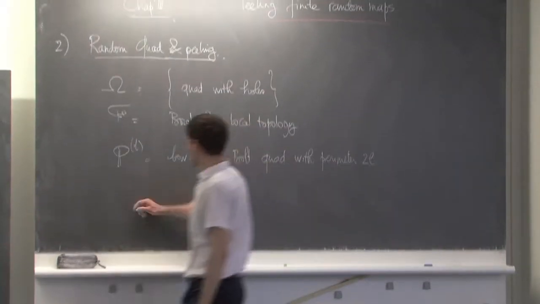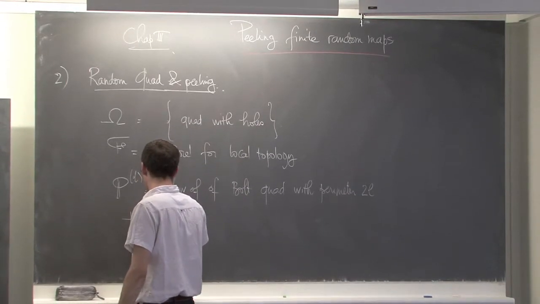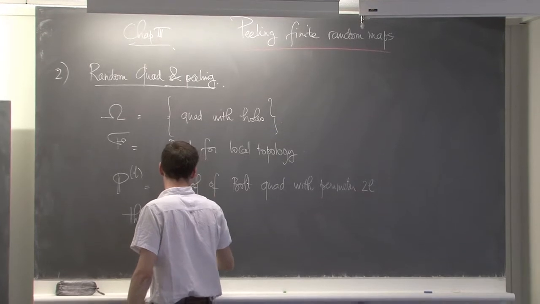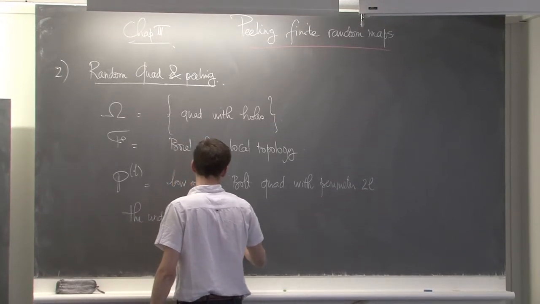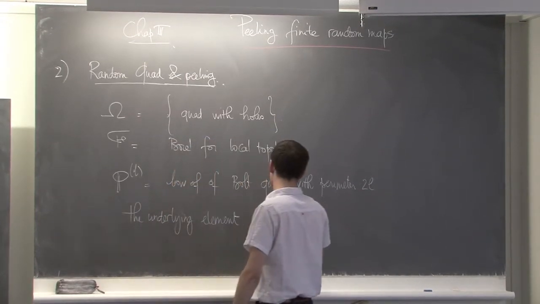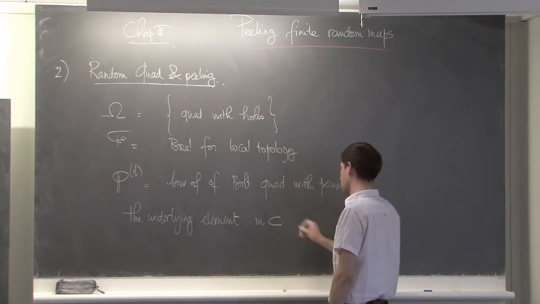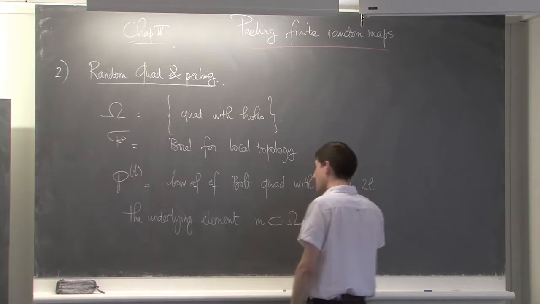Okay? So always the underlying element will be denoted by M inside omega.